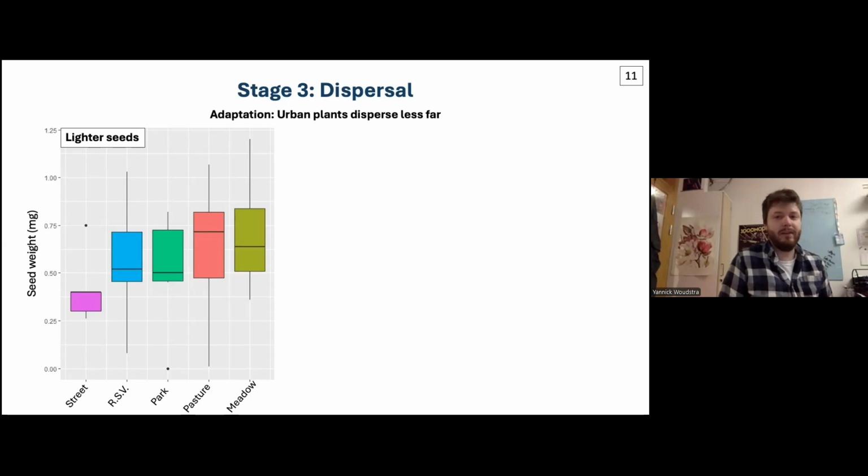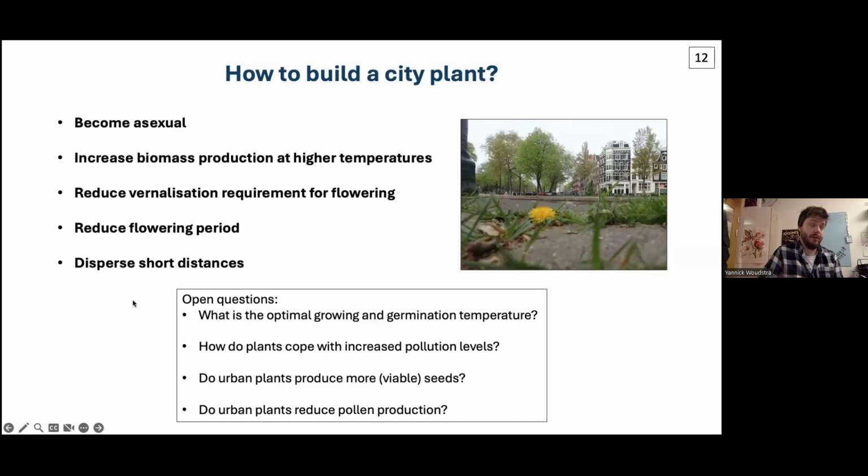So we expected urban environments with very short cracks of pavement, consistently like very... the length of the flowering period.